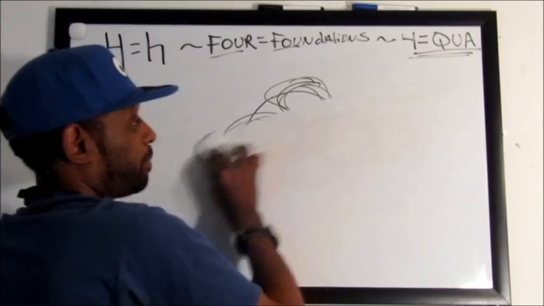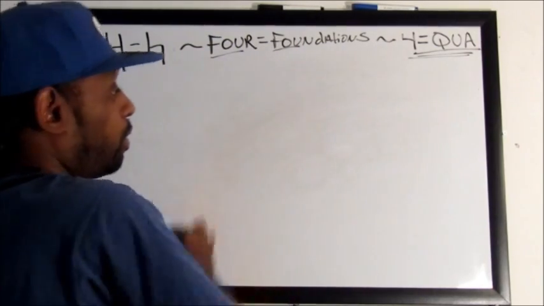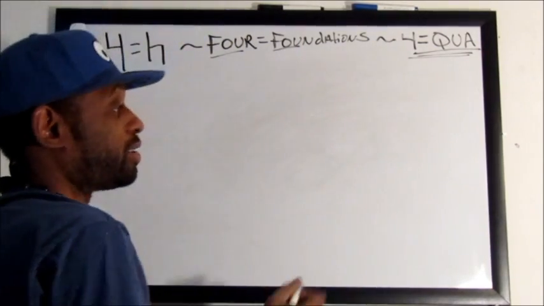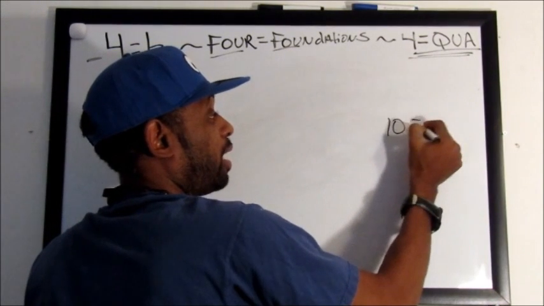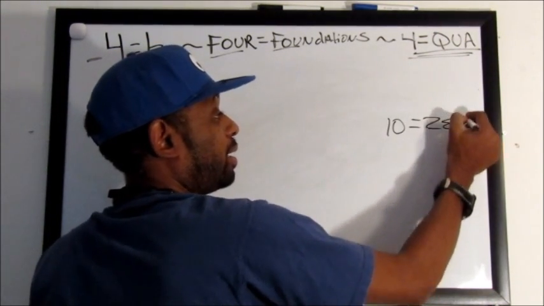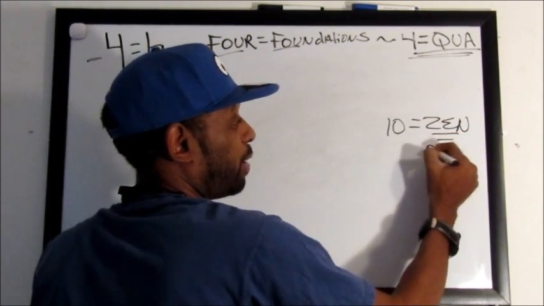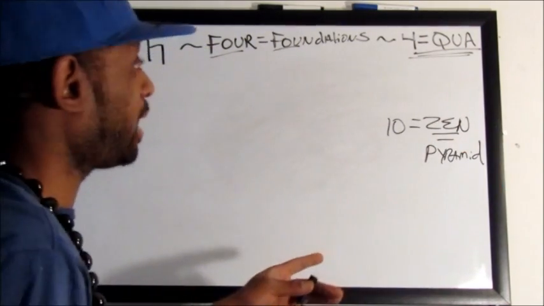Remember the figure 8. Remember 10 is a very holy number because it represents Zen. And Zen is pyramid. We're going to get back to that in a minute.